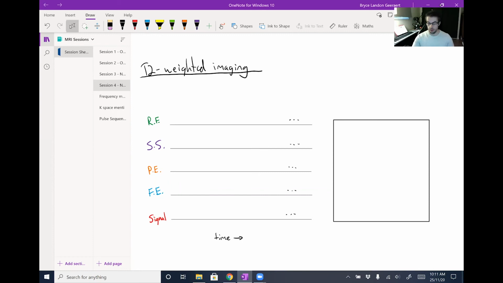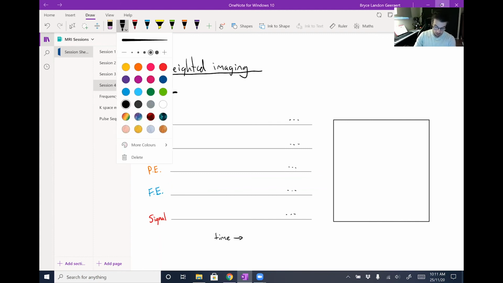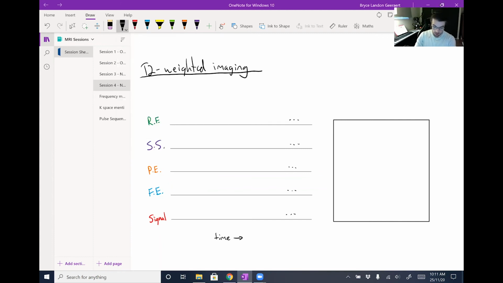When we're talking about a T2 weighted imaging sequence, we're going to draw one out here and I'll show you what it looks like, and then we'll dig a little more into why it looks the way it does. T2 weighted imaging sequences typically use gradient echo methods.